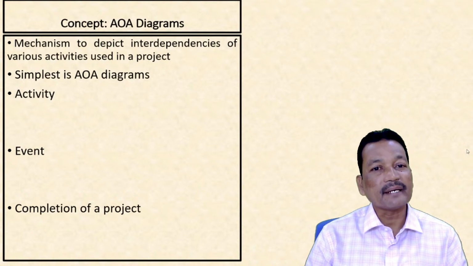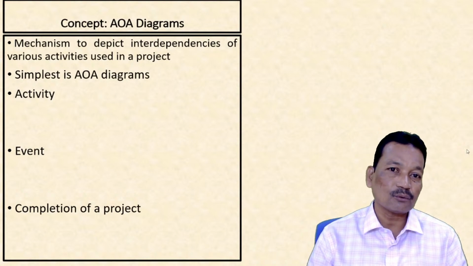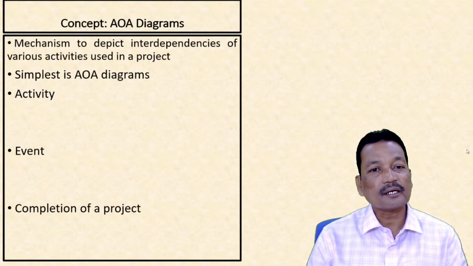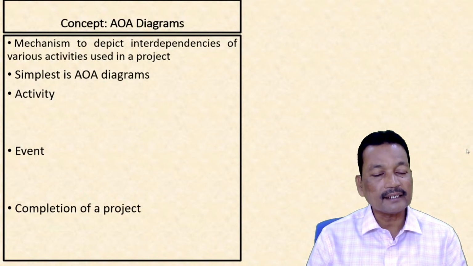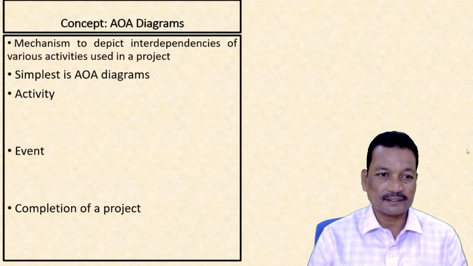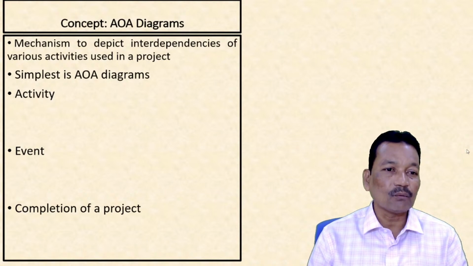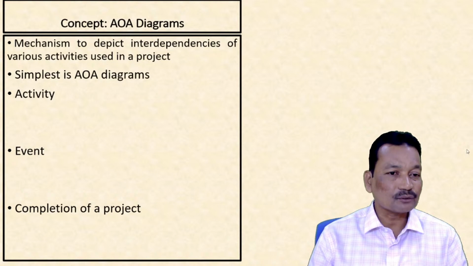As we become experts in this subject, when we work in some organization doing lots of projects, then we can use computer programs which will handle a large number of activities having various kinds of interdependencies. So first is the activity. What is an activity? Any work that is going on in the project is called an activity.